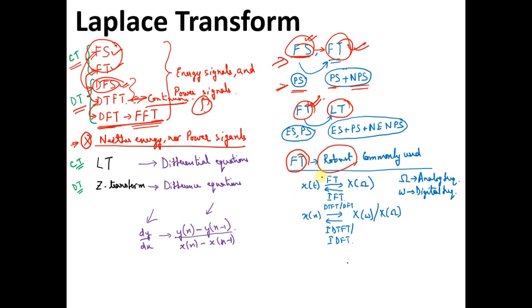Now, when we talk about the discrete Fourier transform, what is happening? We have the digital frequency, which is given by omega. We have another frequency, omega with a sign of ohms, which is related to the analog frequency.